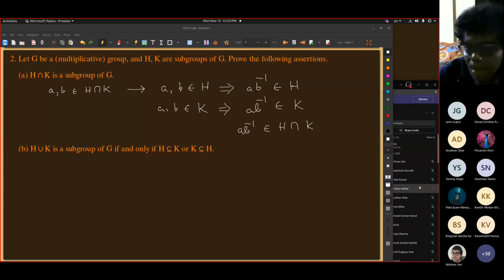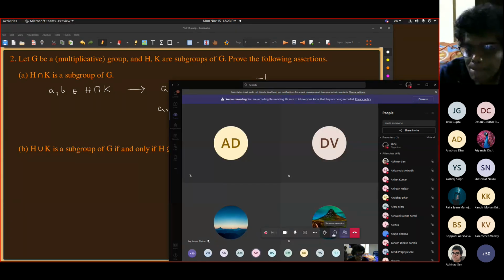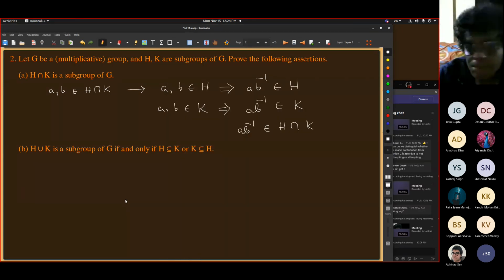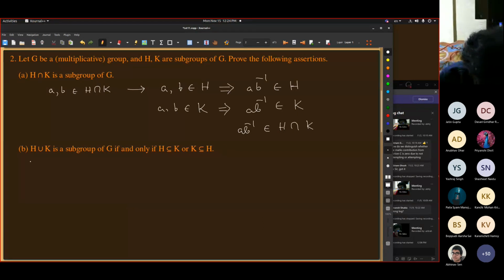So for the if part, we can first consider that H is completely contained in K, then H union K must be K, and K is a subgroup, therefore H union K is also a subgroup. And similarly, we can do it for the other case, K contained in H. So the if part is trivial.